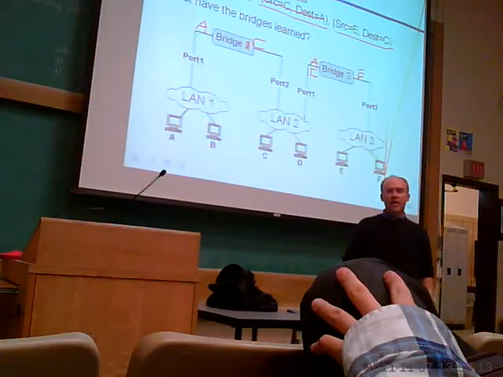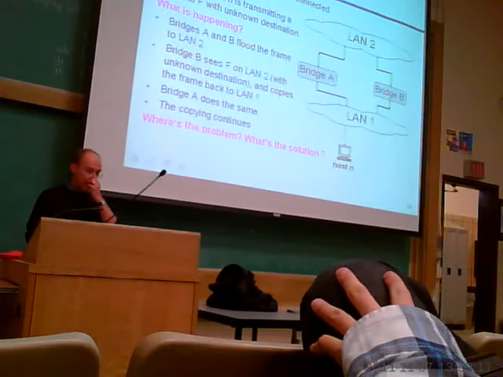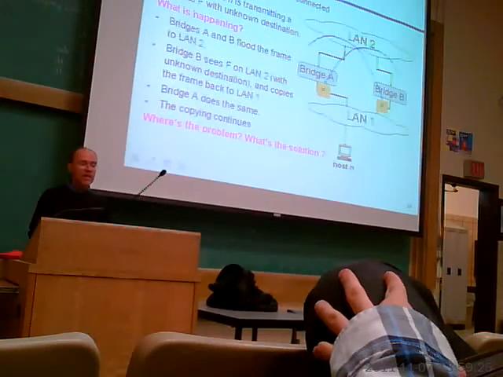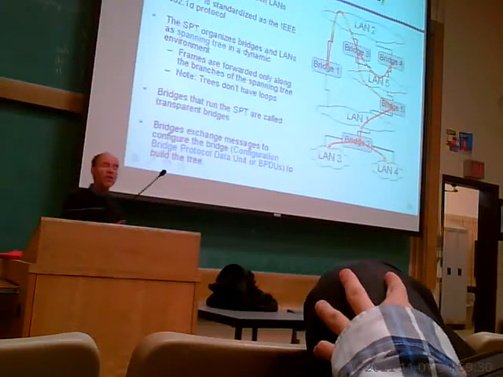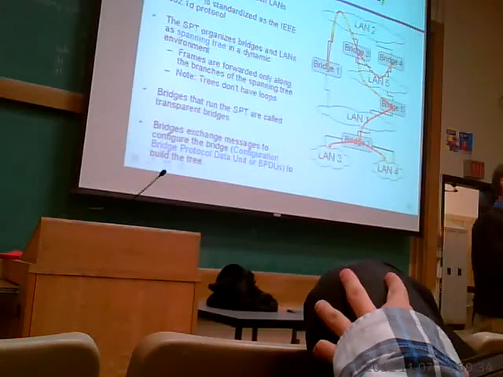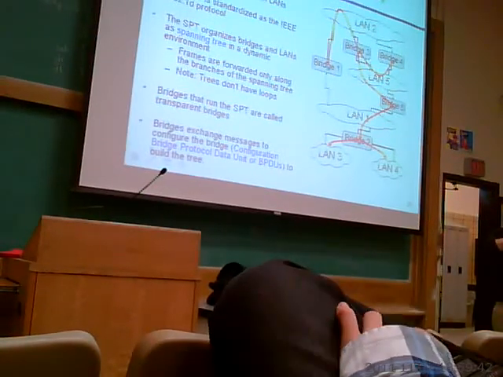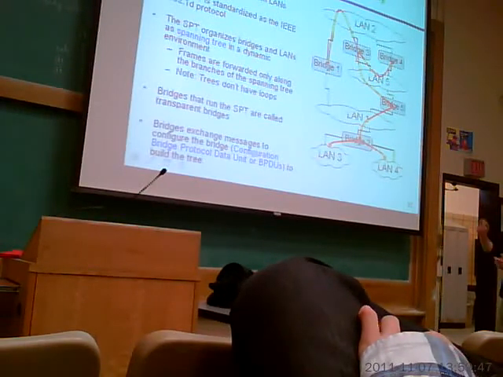What we have not discussed is that if you have the learning algorithm, and that's what you alluded to, loops can happen, and loops are avoided by organizing the local area network in a tree topology, and only using bridges that are part of the tree, and never forwarding packets along edges that are not part of the tree.